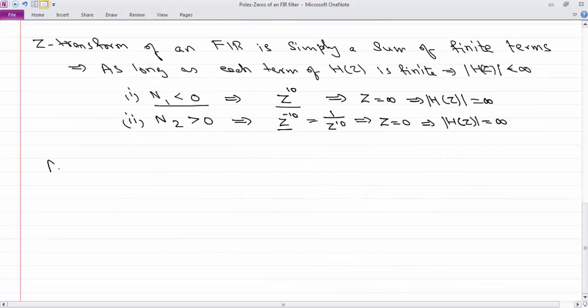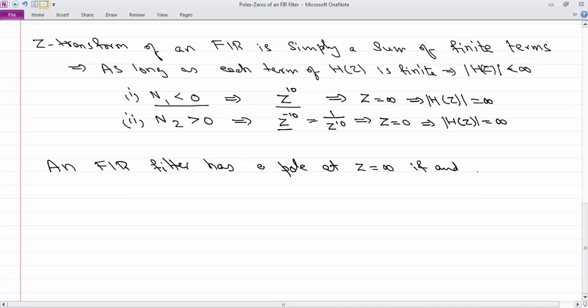An FIR filter has a pole at z equal to infinity if and only if h[n] is not equal to 0 for some n less than 0. Right? That's the only condition that you can have a pole at z equal to infinity.